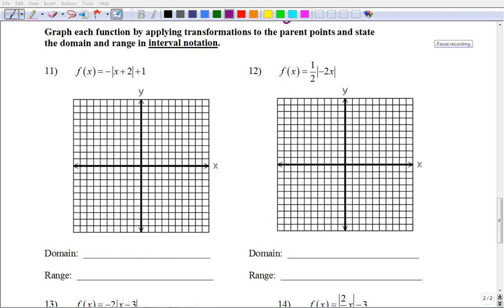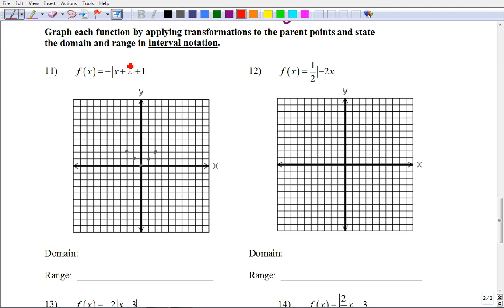For the next section, we are going to graph each function by applying transformations to the parent points and then state the domain and range in interval notation. Okay, so for number 11, if you wanted to, you could put the parent points on your graph. Let's talk about what the transformations will be.